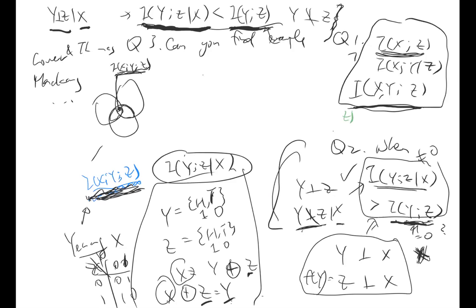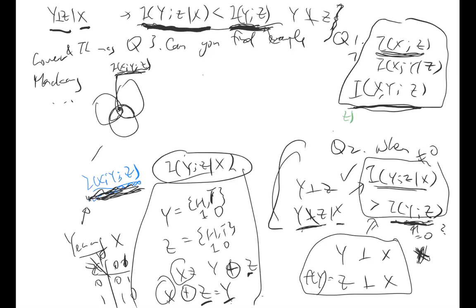In that case, if we know X, then Y and Z are independent of each other. Maybe, I'm not sure. Oh no, but if Y and Z are independent from each other, this will already be zero, right? Because this has to be greater than or equal to zero. So at most you'll get equality. You won't get inequality here.